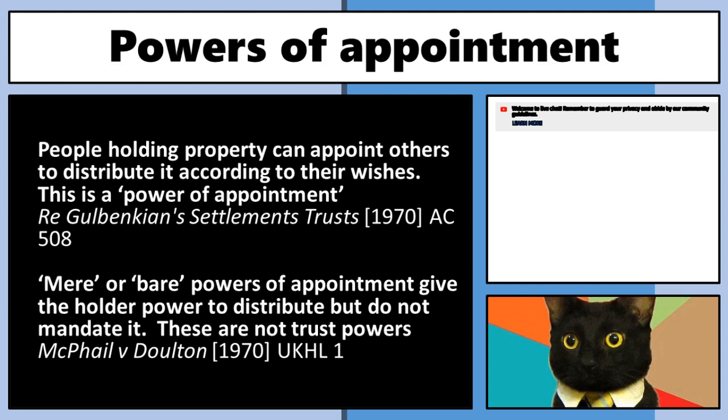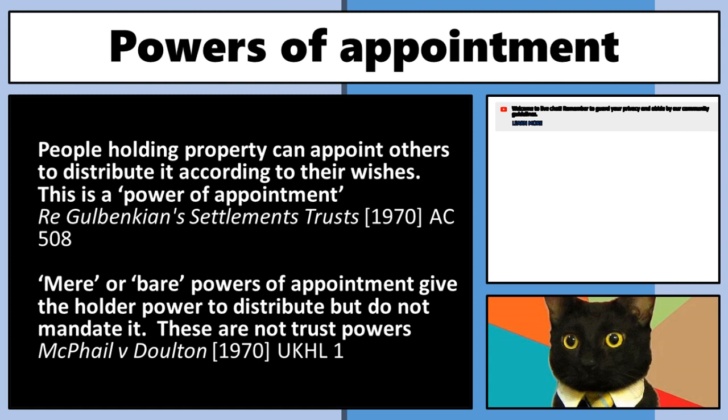And so what they say is that, look, if the language doesn't give strong directory or mandatory words to do something very specific with it, or give that property to very specific people, that is not going to form a trust. We say that they're not trust powers. They do not have the necessary mandatory language. And we call those mere powers.